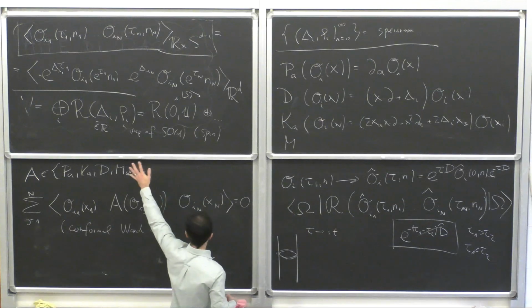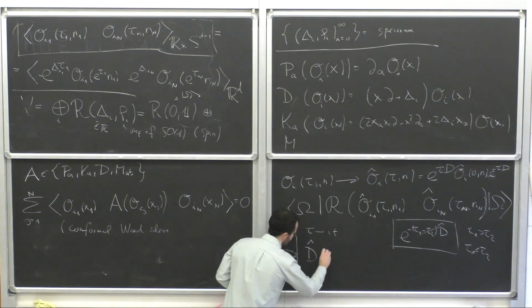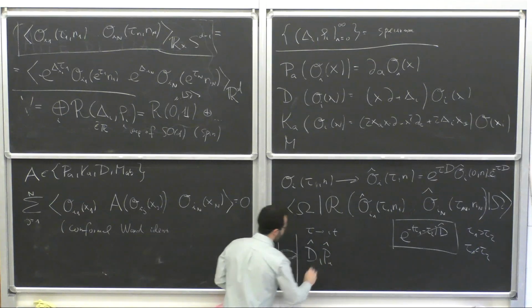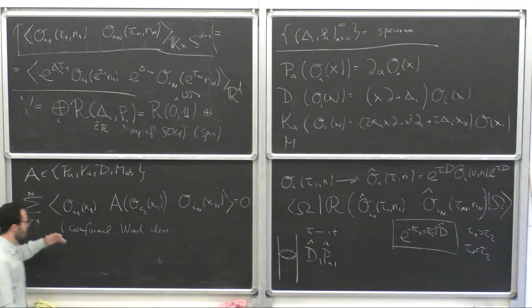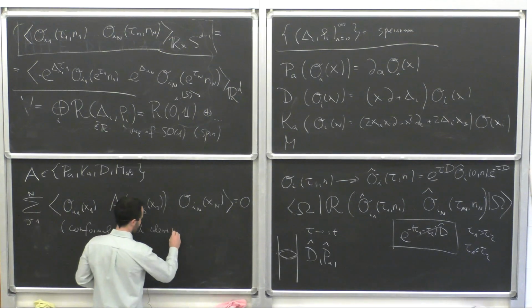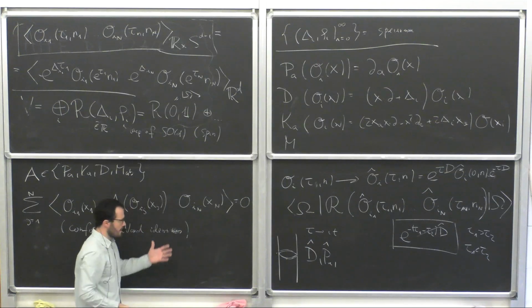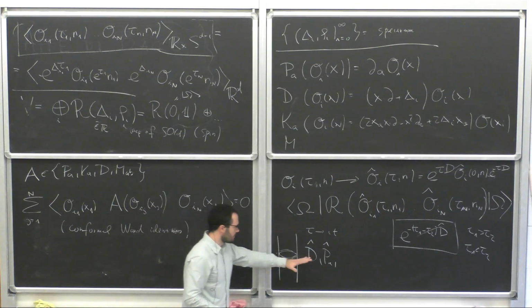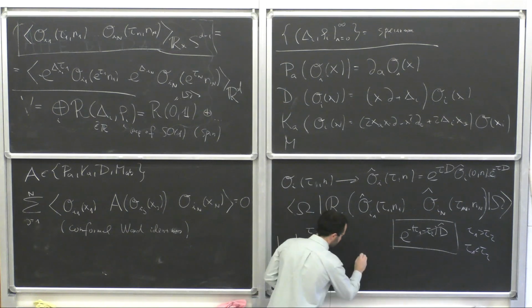That's of course how we got this representation. So we can call these charges with hats, and so on. And these statements that correlation functions are invariant under the conformal transformations are a direct consequence of the fact that these quantum charges annihilate omega.